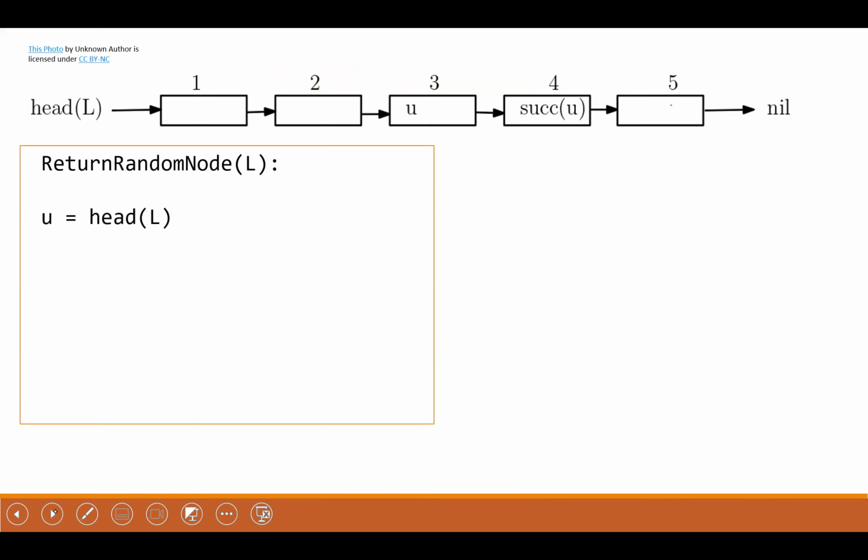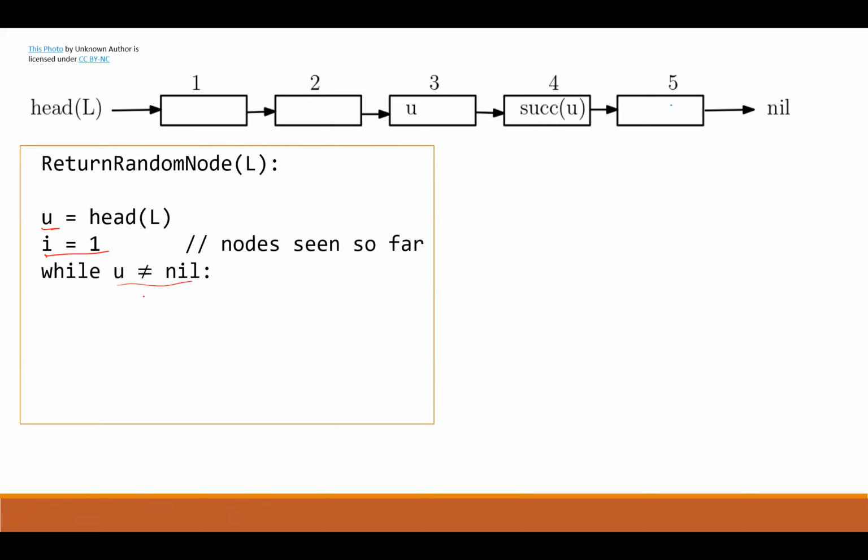So return random node, here's the algorithm. U is our current node. It starts at the head. I counts how many nodes we've seen so far. We start at 1, and then while U is not equal to nil, initially U is here, and then it's here, and then here. Eventually we drop off the end of the list, at which point we should have chosen something uniformly at random.